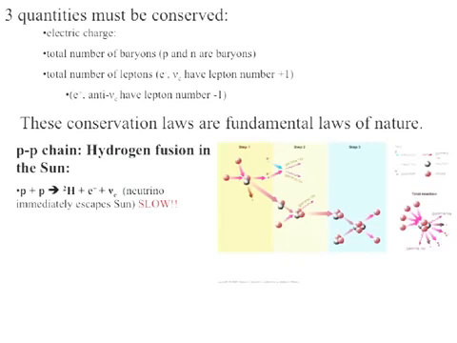Okay. Now, first of all, this reaction, P plus P goes to H2 plus neutrinos. The neutrino immediately escapes the sun. Because neutrinos have basically no cross-section for hitting anything, they just go out of the sun.